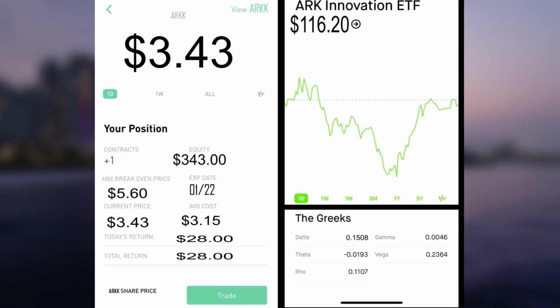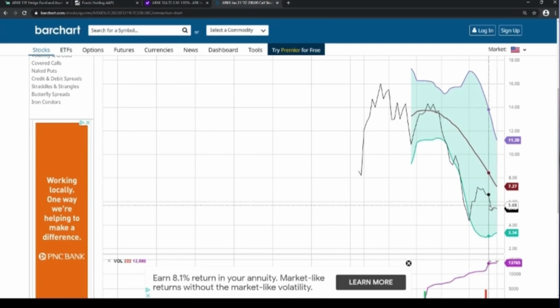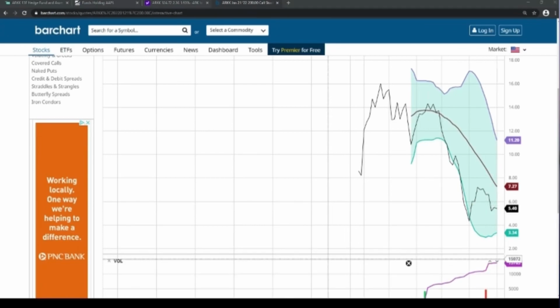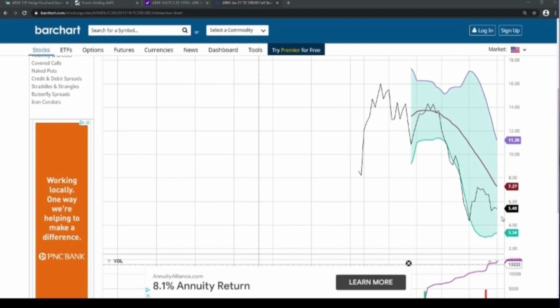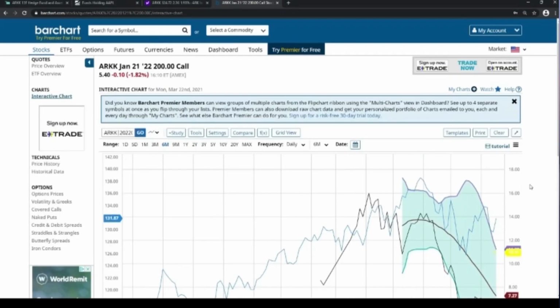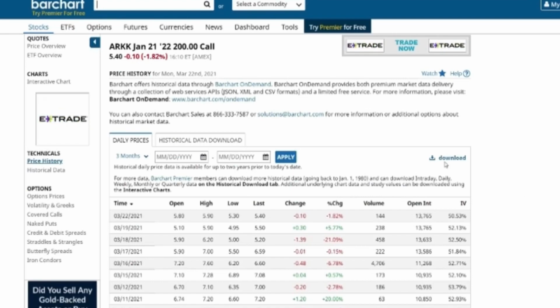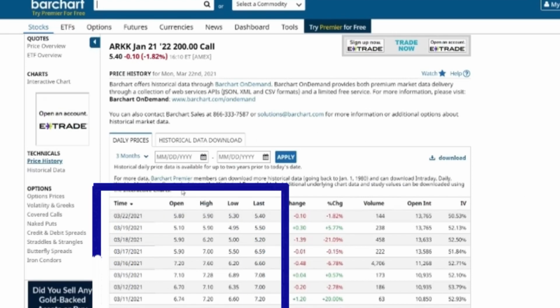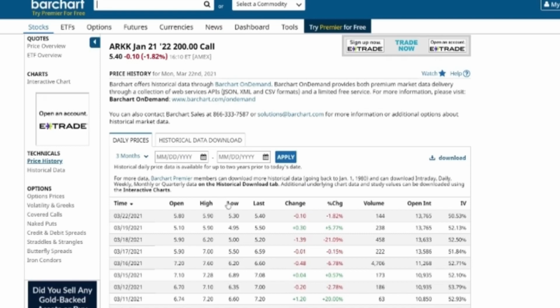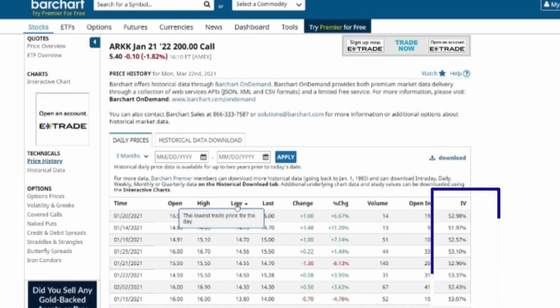So this is another reason why it's very important to use Barchart to find a low entry point that has a low implied volatility. As I showed you in previous videos, you can go to Barchart to check the options price history, and it'll also show you the implied volatility history as well.